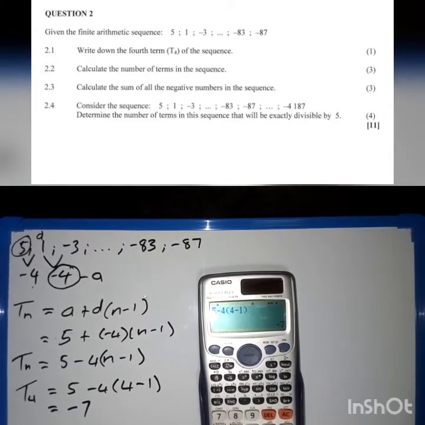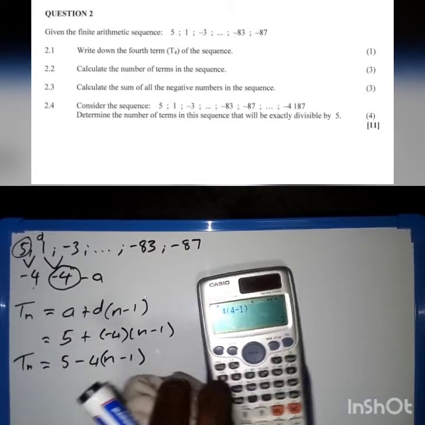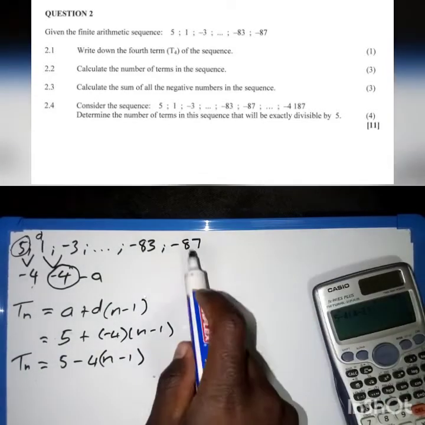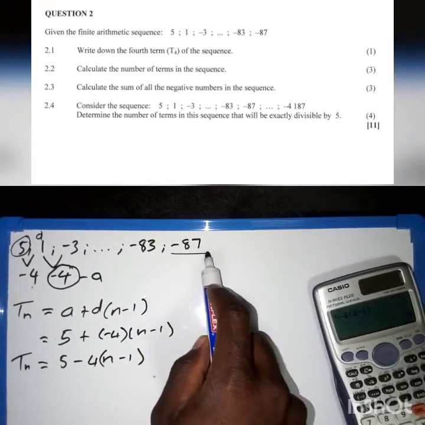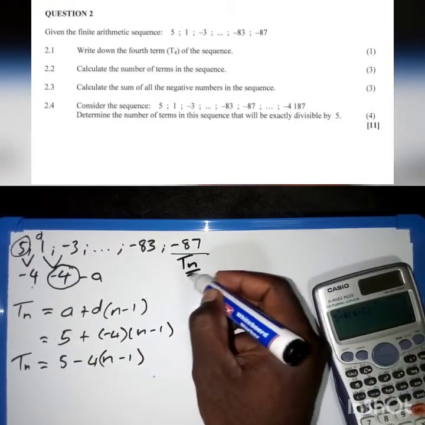And then moving on to question 2.2, they say calculate the number of terms in the sequence. In order to do that, we know that the last term of this sequence is negative 87. So we have to find out what our n is here.